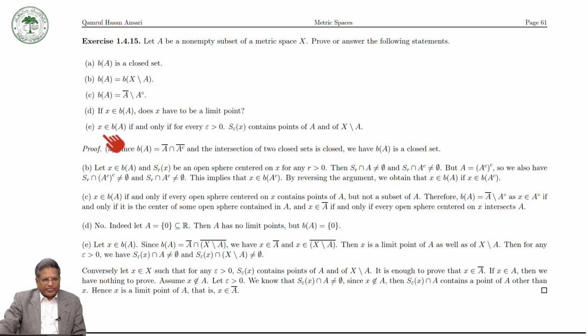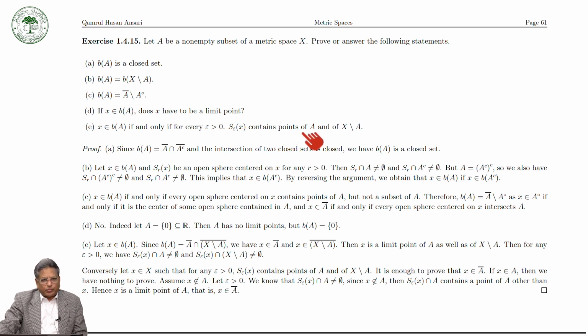The next one is to prove that X is a boundary point of A if and only if for every epsilon positive, the open ball S_epsilon(X) contains points of A and the complement of A. This is basically the definition of the boundary point, because X is a boundary point of A if and only if for every epsilon the open ball contains a point of A and a point of X minus A. A point is called a boundary point if every open ball with center X intersects A and its complement.